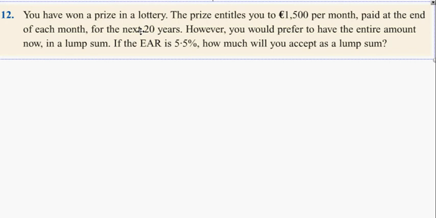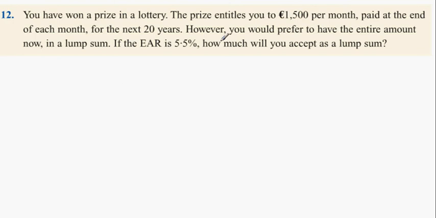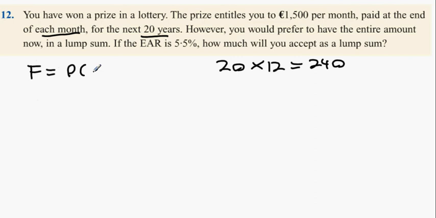Okay, so what we're going to get here is, once again, we're going to do a sequence paid at the end of each month, and it's going to be for the next 20 years. 20 multiplied by 12 gets you 240. Then we're going to use F equals P into (1 plus i) to the power t. Now, we want to change this yearly amount into a monthly amount.